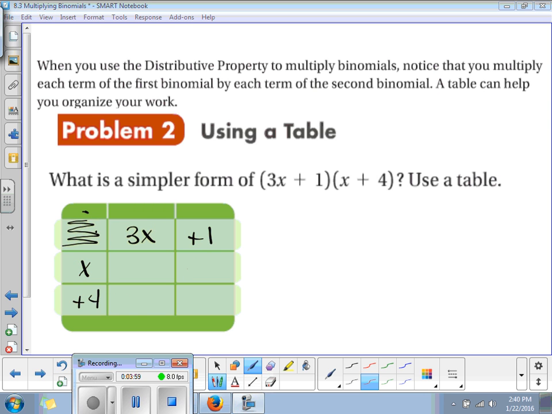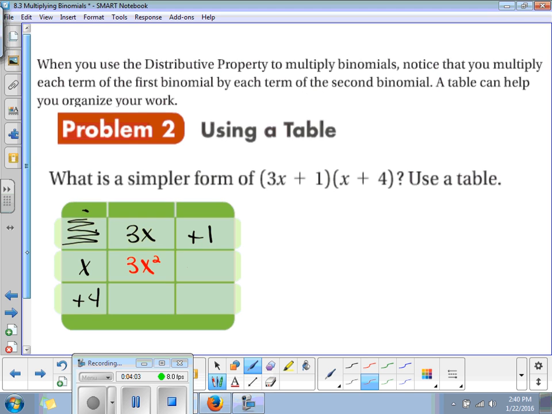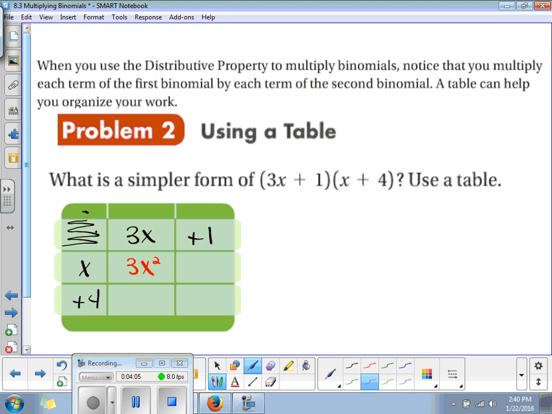So, we have 3x times x is 3x squared. We have x times 1, that's going to give me a positive x. Over here we have a positive 4 times 3x, that's going to be a positive 12x. And finally we have positive 4 times positive 1, that's a positive 4.